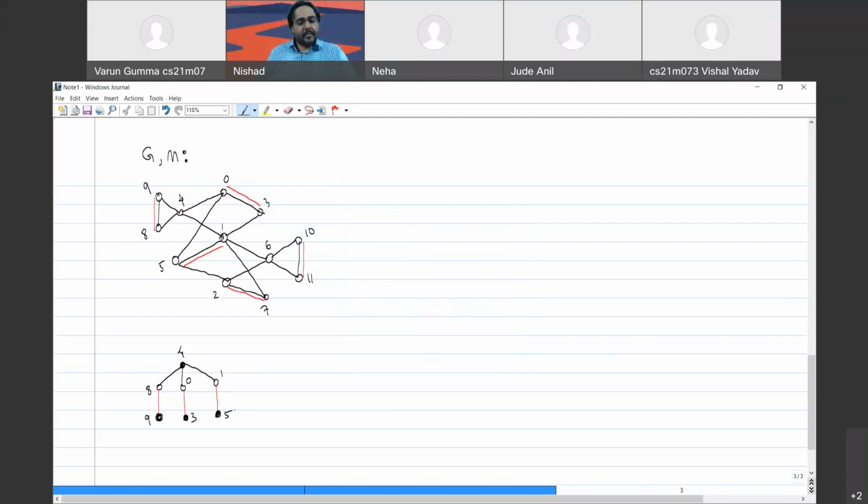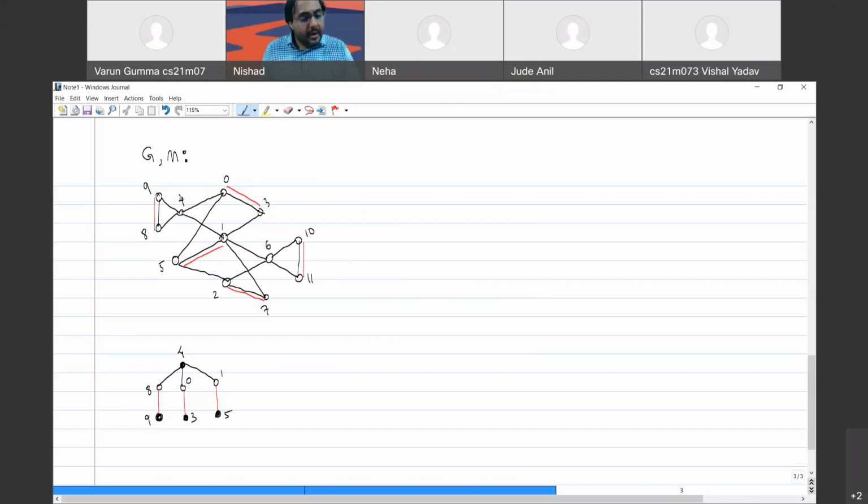Okay, good. At this point, 4's neighbors are basically exhausted. They are all in the tree already: 0, 1, 8, and 9. And 9, 3, and 5, their neighbors are also, I believe, exhausted.